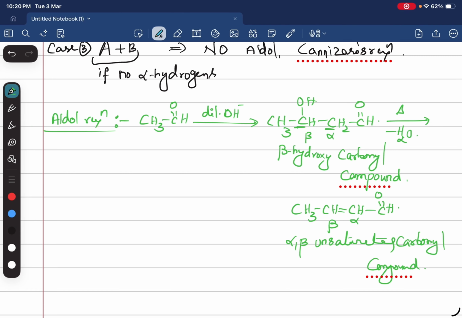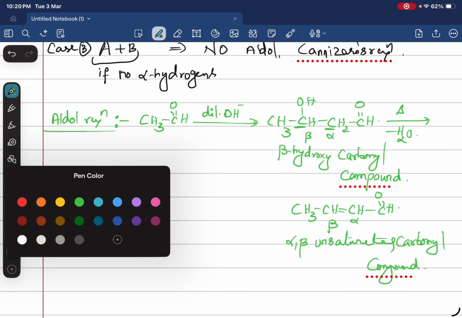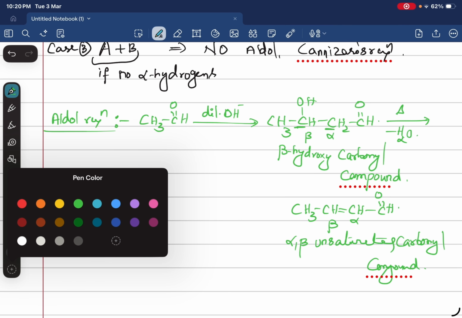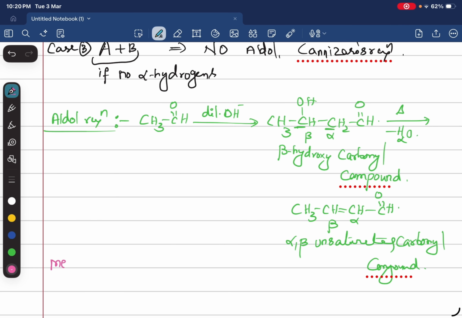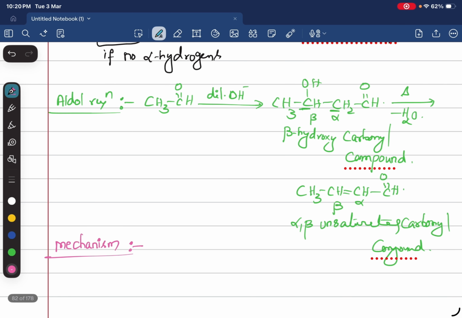Let's start the mechanism for this reaction. There will be two steps here. The carbonyl compound which contains alpha hydrogen is involved in the reaction. The dilute base takes H plus ion from CH3.